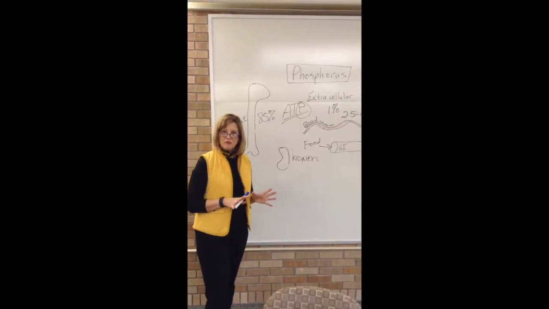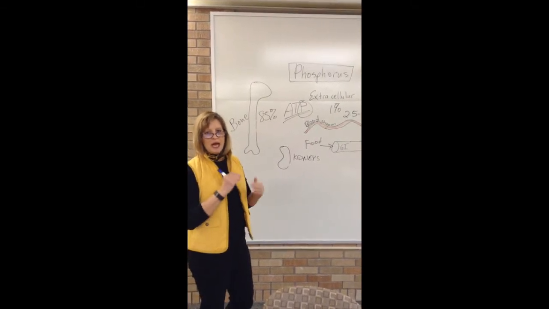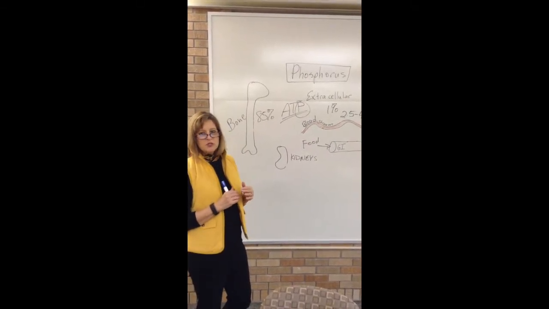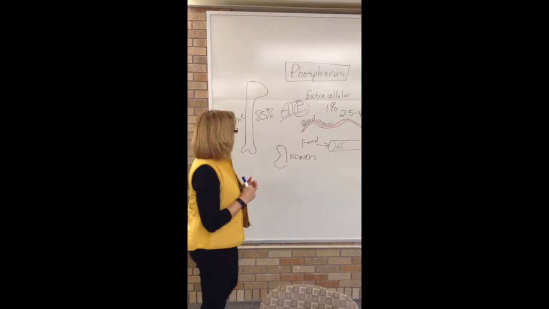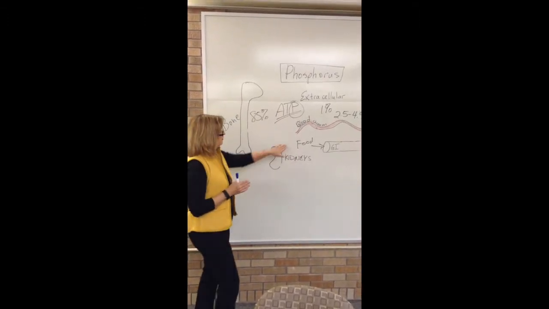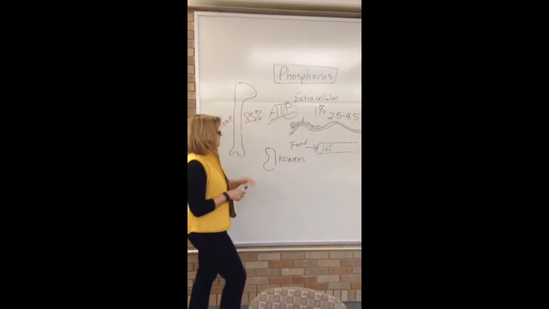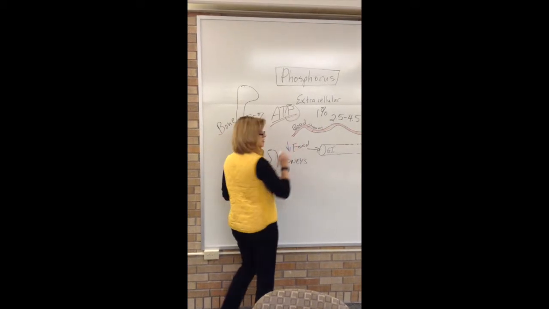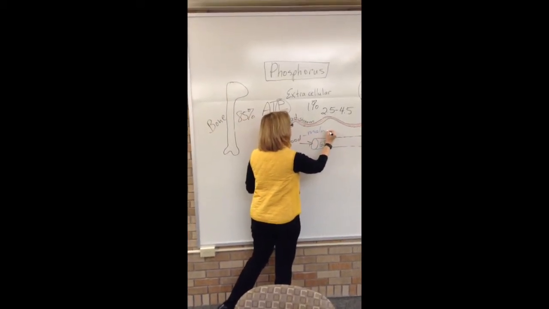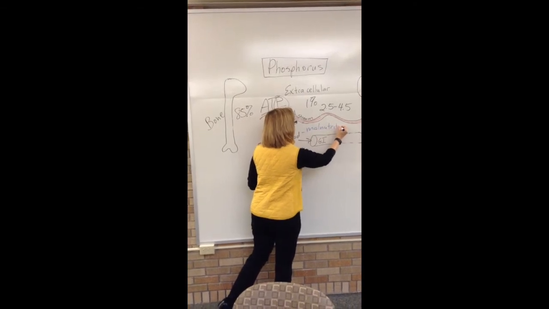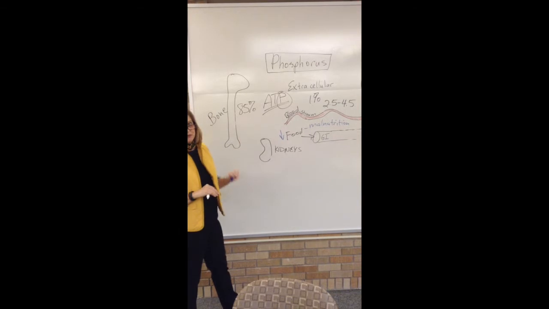Now let's talk about what may cause an imbalance in your phosphorus levels. Let's first talk about hypophosphatemia and what may cause that. First off, since the majority of our food has phosphorus in it, if you were to decrease your phosphorus intake in malnutrition, that can cause you to have low phosphorus in your bloodstream.